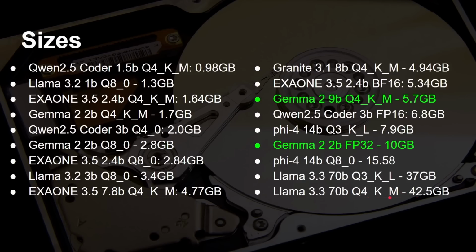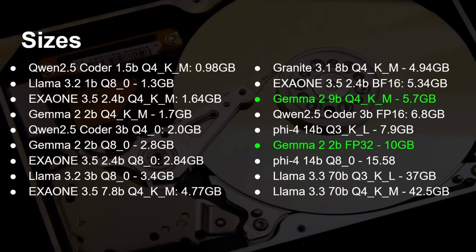Now, here's the interesting thing. If you look at Gemma 2, the 2 billion version of it, at the full 32 bits, takes 10 gigabytes of memory. But I could instead use Gemma 2, the 9 billion parameter model at 4 bits, and that fits into under 6 gigs. So I actually get a much bigger model in terms of its parameters in less memory by using the different quantization.